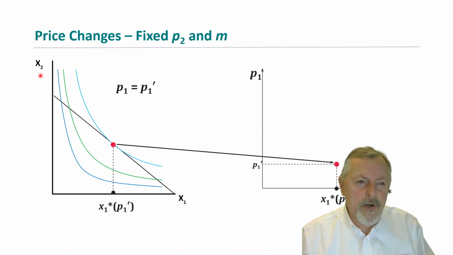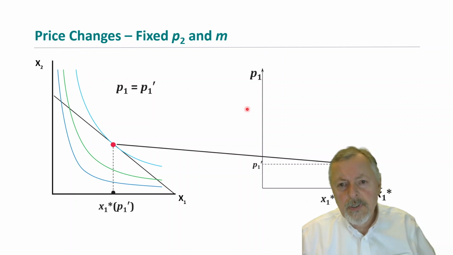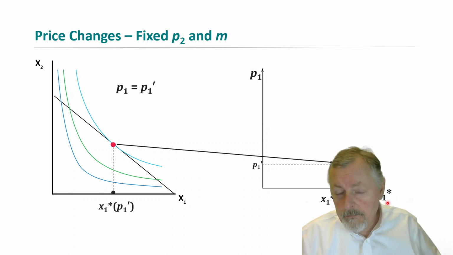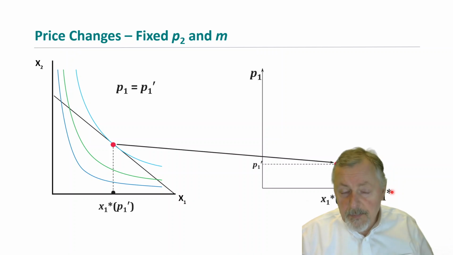If we're not really worried about what happens to commodity 2, then we could also plot this here. On the horizontal axis, we still have quantity of commodity 1, the star indicating that these are all the optimum points. And on the vertical axis, price of commodity 1.